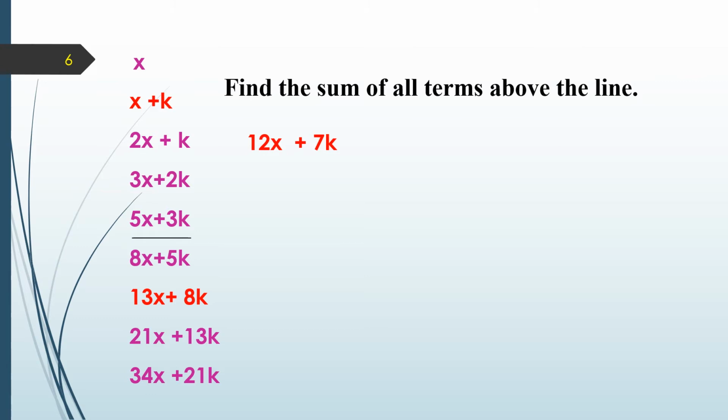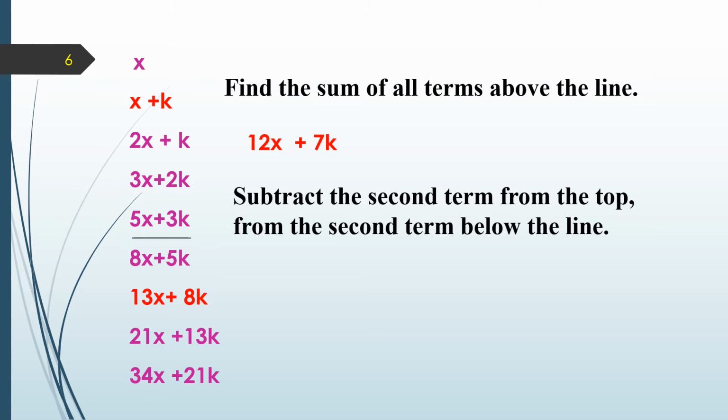Let us subtract the second term from the top from the second term below the line, which will be 13x plus 8k minus x plus k, which will give 12x plus 7k.